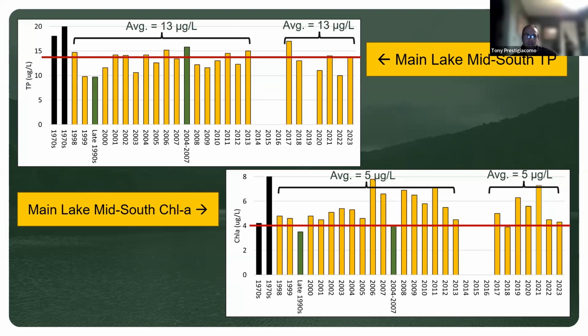I will say that on that 30% reduction on the 131,000 pounds per year, our tack in developing the TMDL for Cayuga was based on the principle of being as conservative as we could.